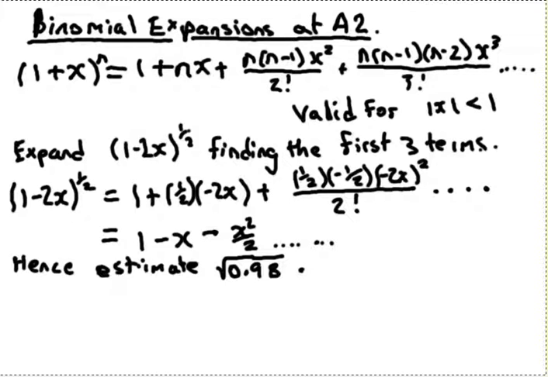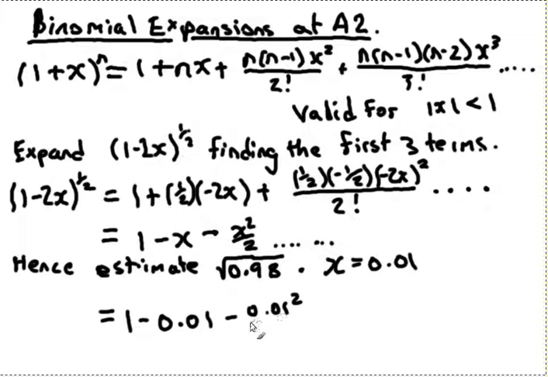Now what the question may finish with is asking you to do an estimation. Hence estimate the square root of 0.98. Well, if we replace x with 0.01, we will immediately find an estimation for the square root of 0.98. So all I've got to do now is plug that into my formula, just using the first 3 terms. 1 minus 0.01 minus 0.01 squared divided by 2.